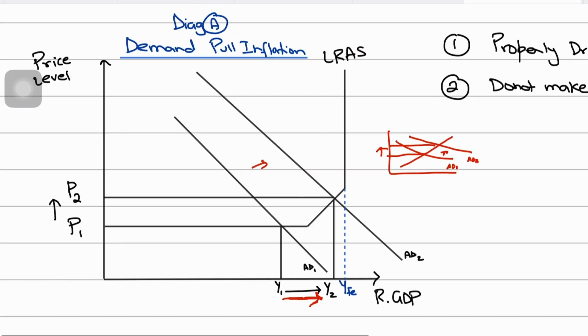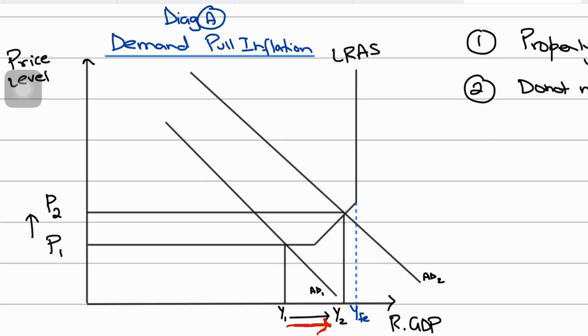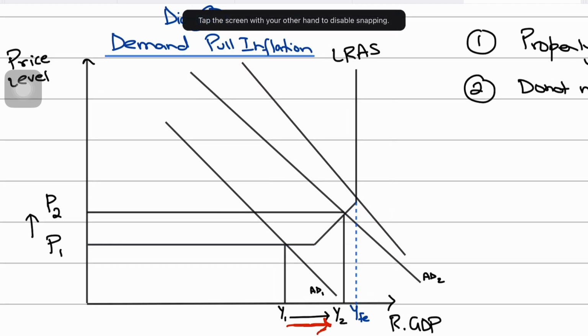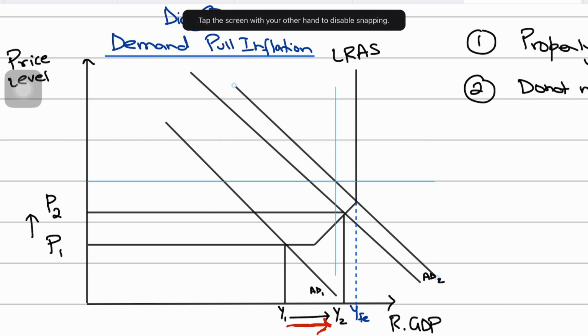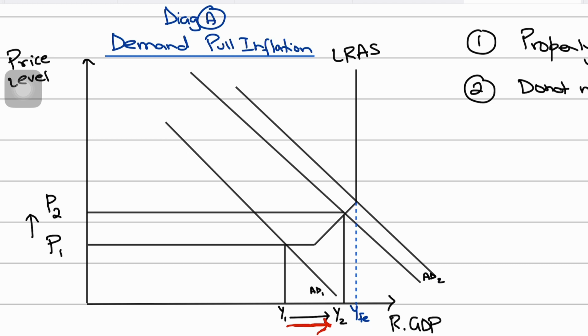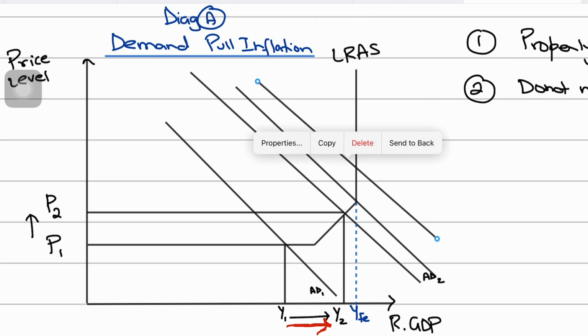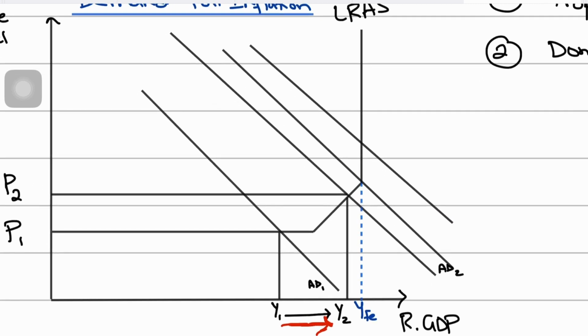And you could mention Keynes as well, John Maynard Keynes, who suggested that once your economy reaches full employment, let's say somewhere over here, any further increases in aggregate demand would result in just inflationary pressures without any increase in your real GDP, right?